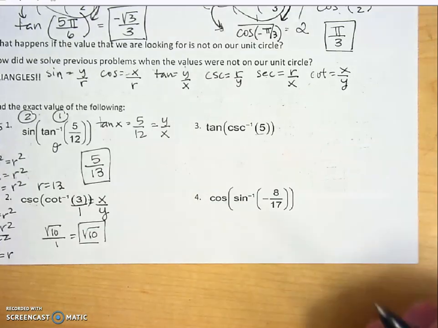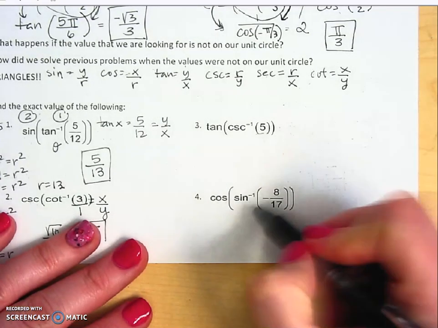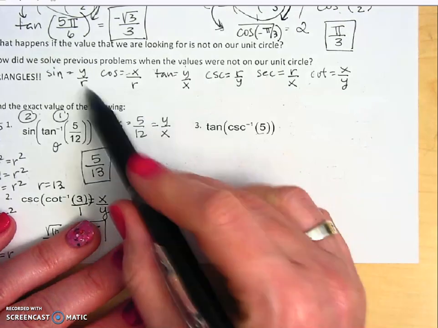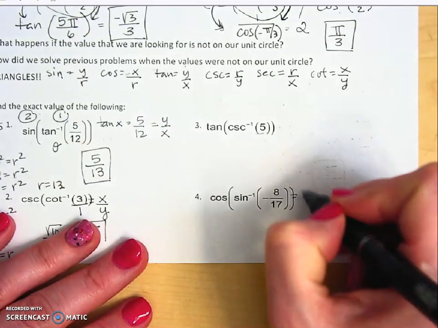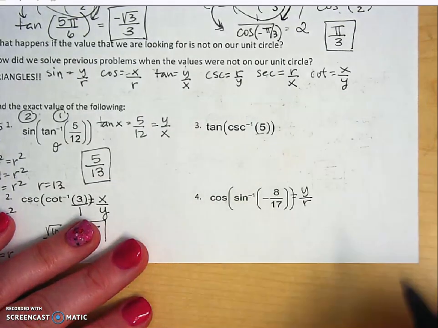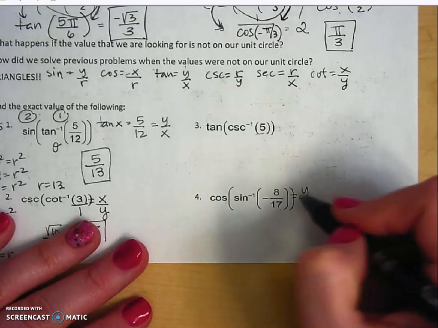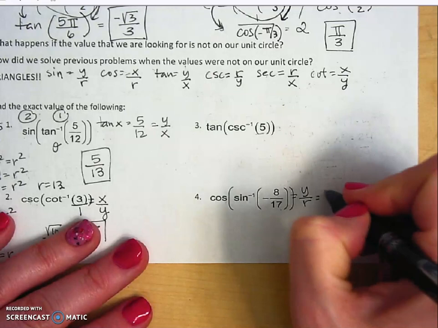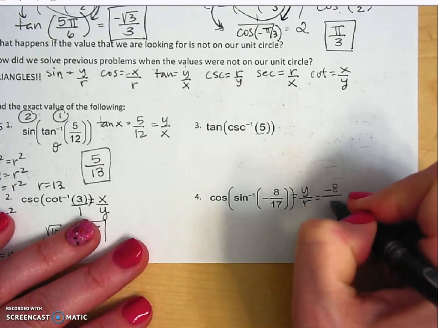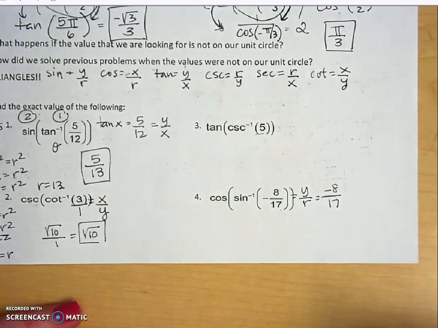So the ratio for sine is y over r, and this actually right here gives me the information that I need, because r is always positive, so that means the y value is the negative. So y is negative 8 and r is positive 17.